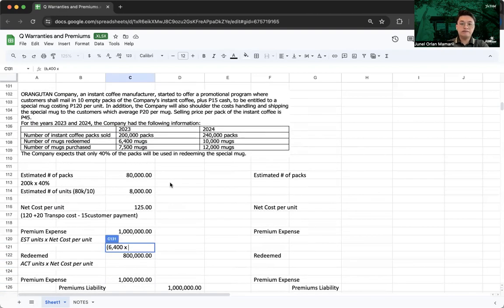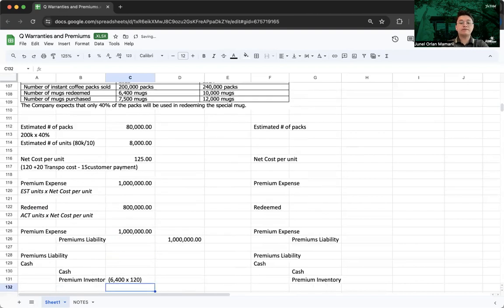The cost of our inventory is 120. So 6,400 times 120. Next, meron tayong binayarang transportation cost. So that's 6,400 times 20. Tapos, meron tayong received from our customer. That's 6,400 times 50.